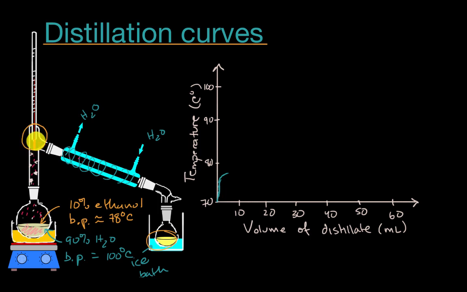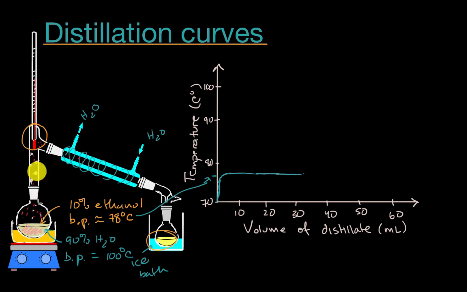And so it's making its way up there, and then it's making its way into this condensation tube, getting cooled down by this water that's flowing through the outside, and then condensing as distillate. And so at that temperature, we're starting to collect a lot of ethanol right over here. And this is ethanol's boiling point, that's 78 degrees.